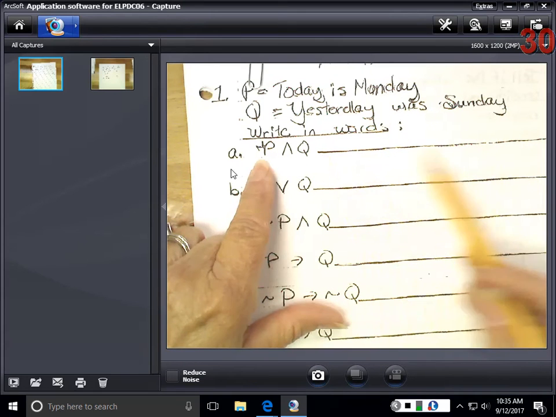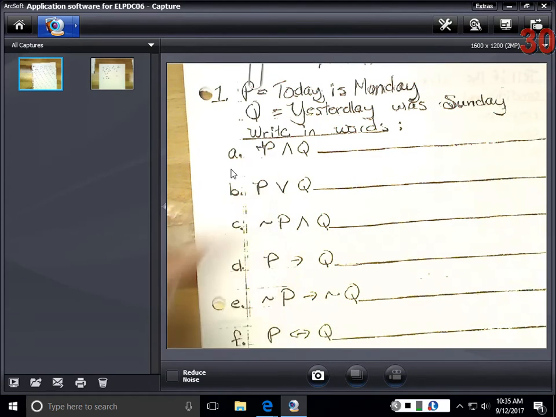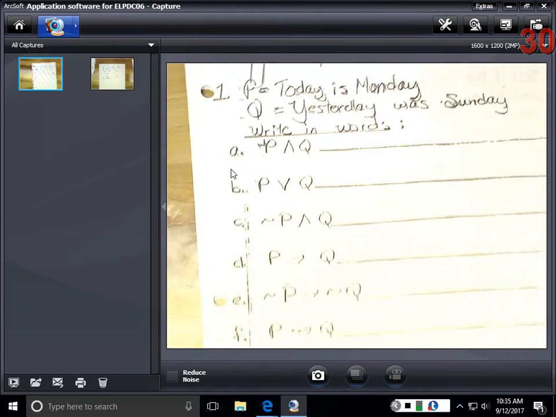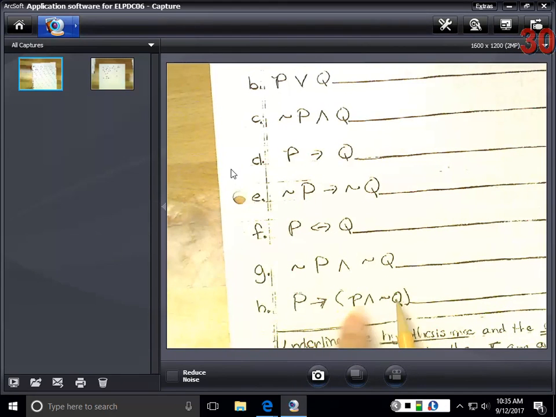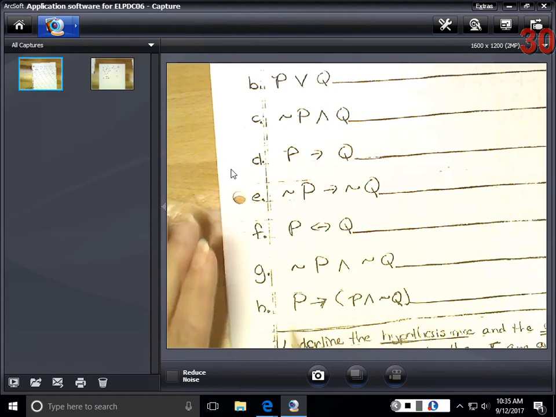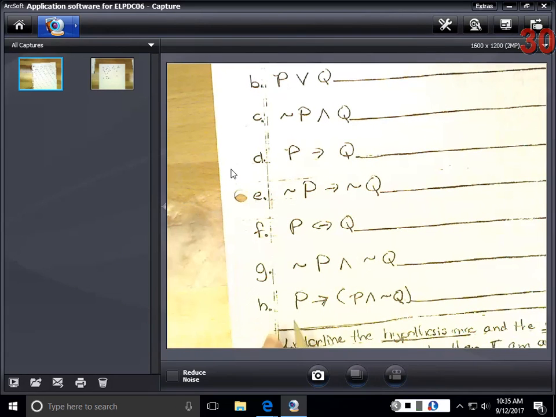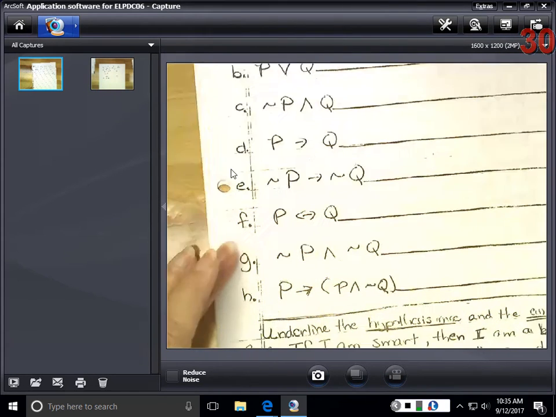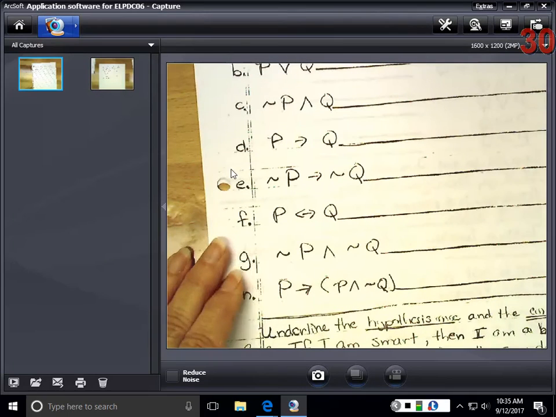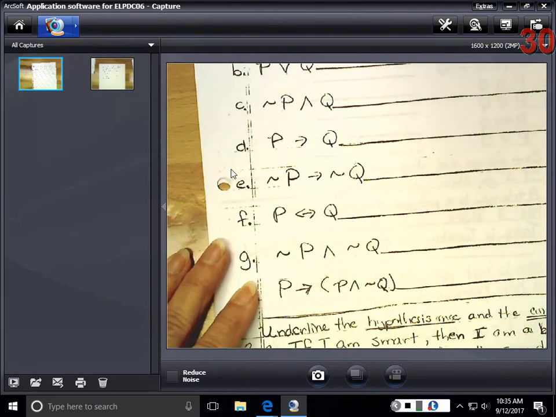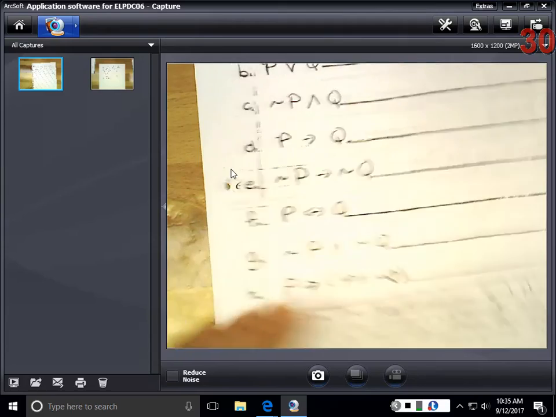So all those are going to be like that. This one down here, you have to do that part first. So that one's kind of hard to do. But you'll have to list it this way and then do that part. And this one, you underline the hypothesis once and the conclusion twice, in case you can't read this. That's what it's saying.